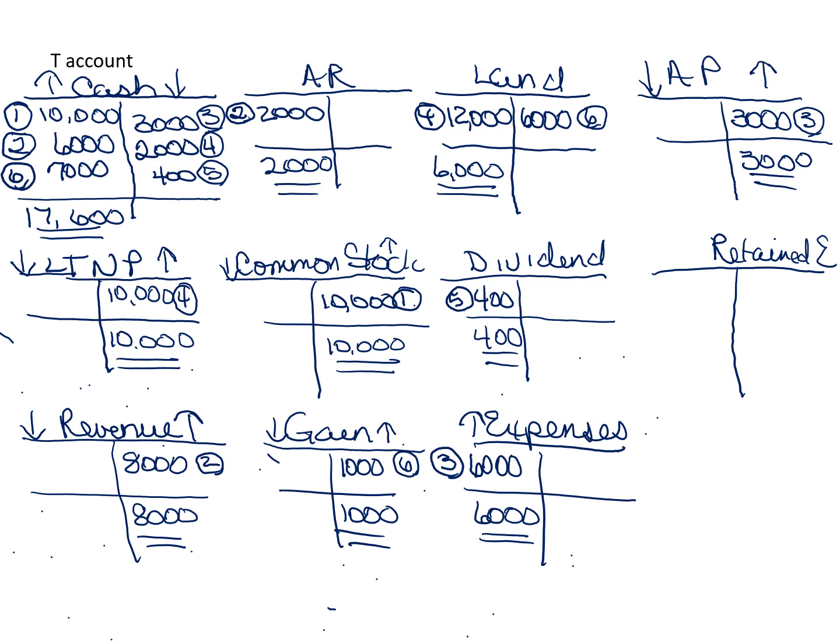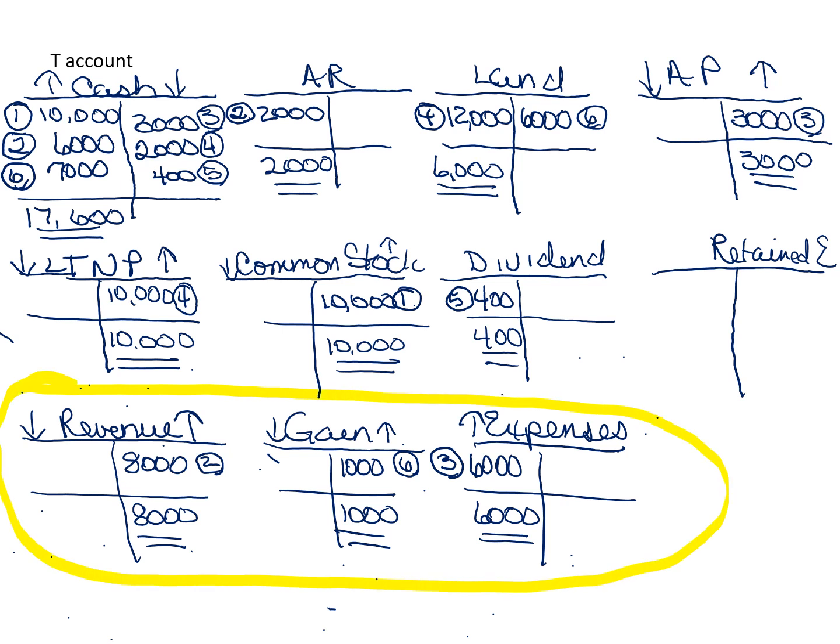So notice I've journalized, I've posted, and I have now found the balances in these accounts. So what I'm going to do now is to prepare financial statements. And it's going to be pretty easy because we know the income statement is what we're going to prepare first.